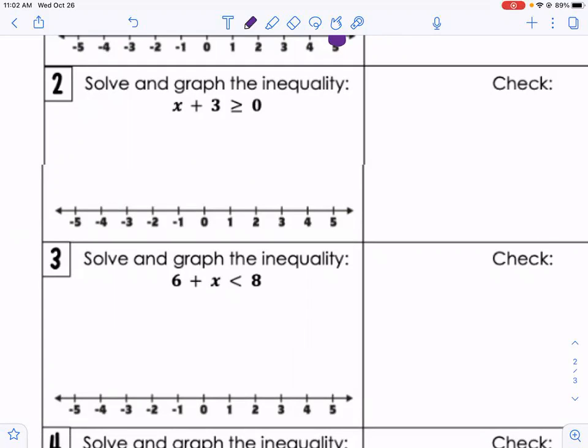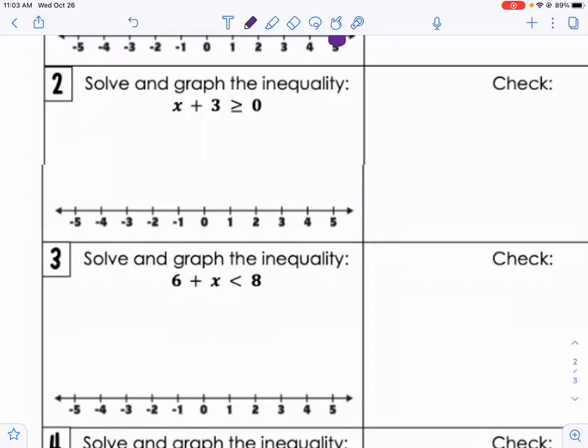Only 2 and 3. Okay, if your last name starts with an A, B, C, D, E, F, G, come to this table. H, I, J, K, L, come to the purple table. M, N, O, P, Q, come to blue.